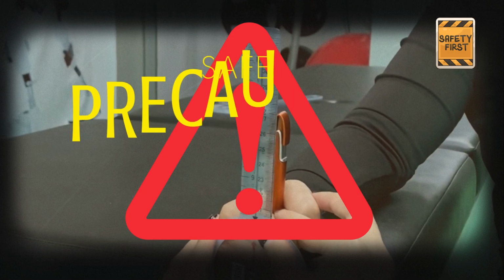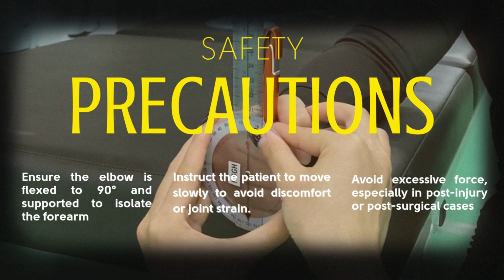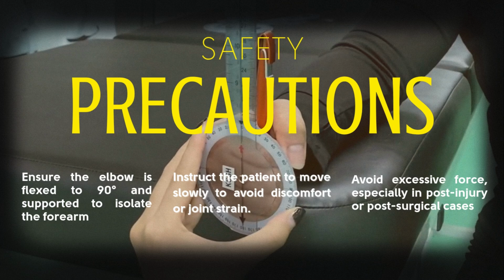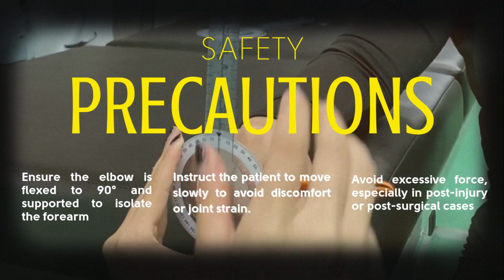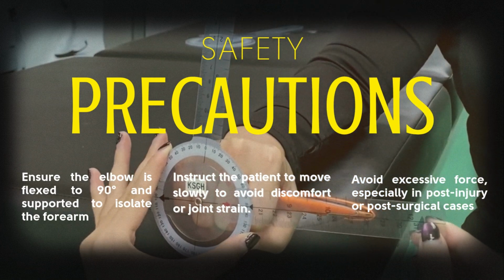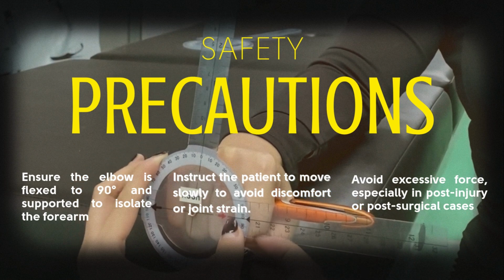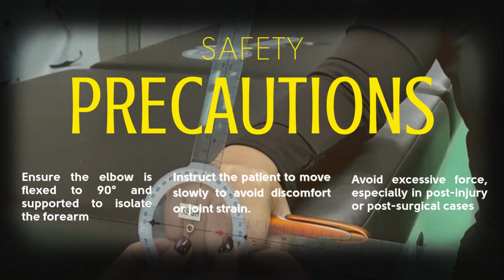For safety precautions, ensure the elbow is flexed to 90 degrees and supported to isolate the forearm. Instruct the patient to move slowly to avoid discomfort or joint strain. Avoid excessive force, especially in post-injury or post-surgical cases.